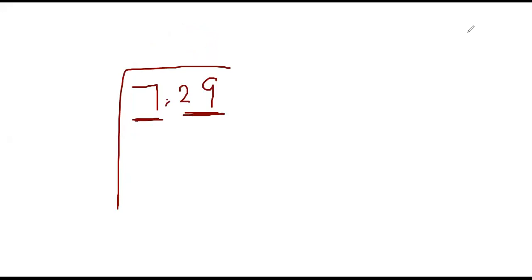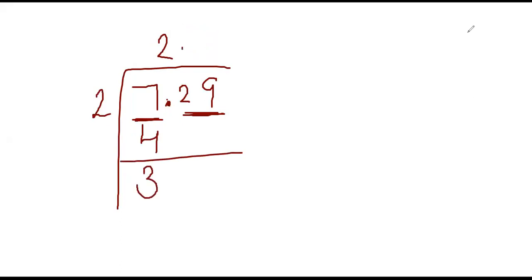It's 7.29. So 29 will be the pair and 7 will be the single number because there is a decimal. So which square number will go under 7? It will be 4, right? Because 9 is greater than 7. So we can take here 4. 2 2s are 4. 7 minus 4, 3.